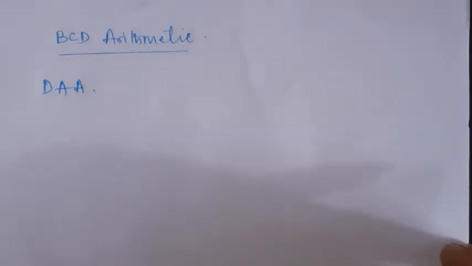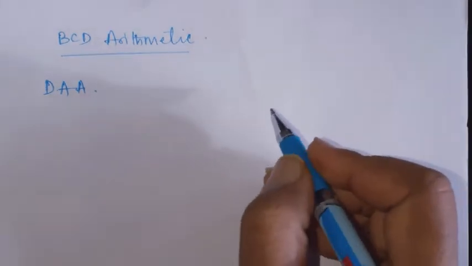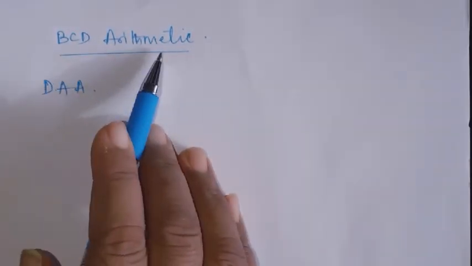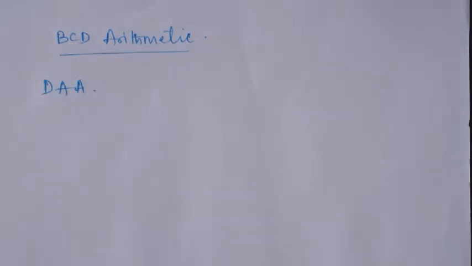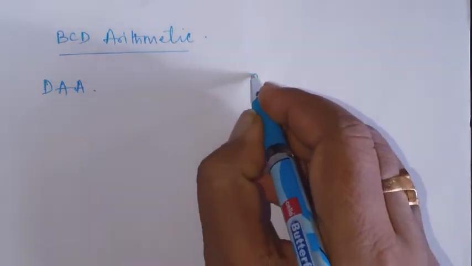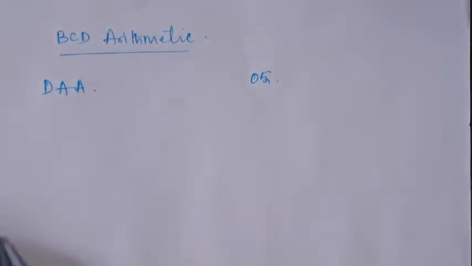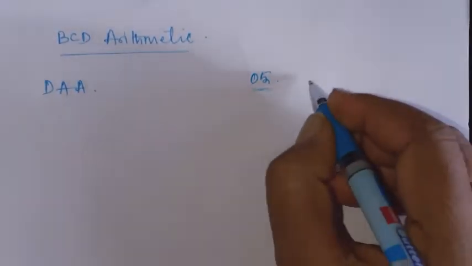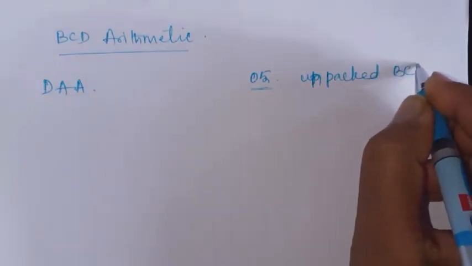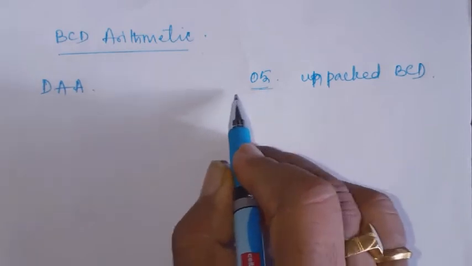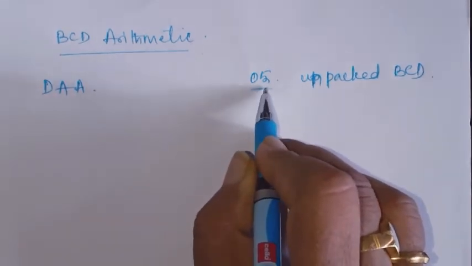Before this, for BCD you have two types. In a byte you can have one decimal digit, or a byte can be used to represent two decimal numbers. Like 05, this is what we call unpacked BCD, because here one byte is used to represent one decimal digit.